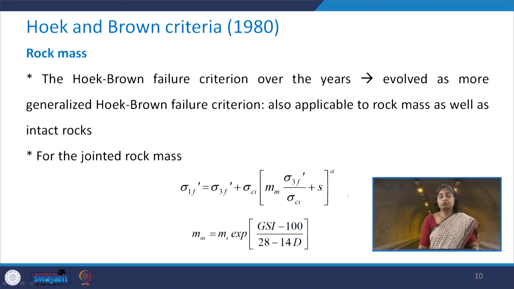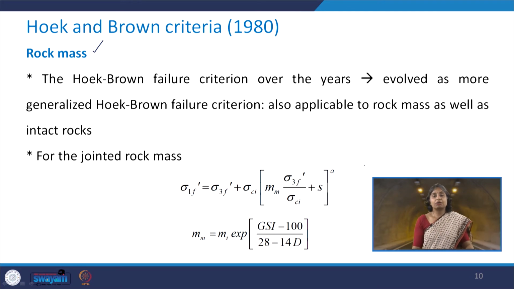Now, coming to the rock mass, the difference between intact rock and rock mass is this: when you have discontinuities in the intact rock, we call that a rock mass.